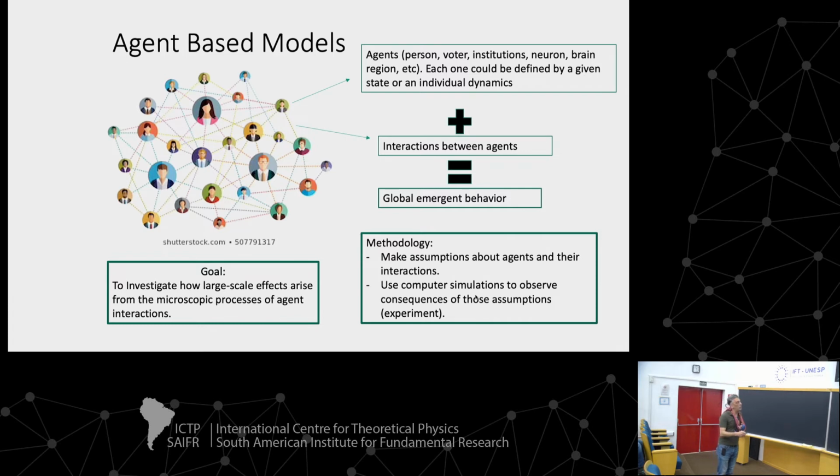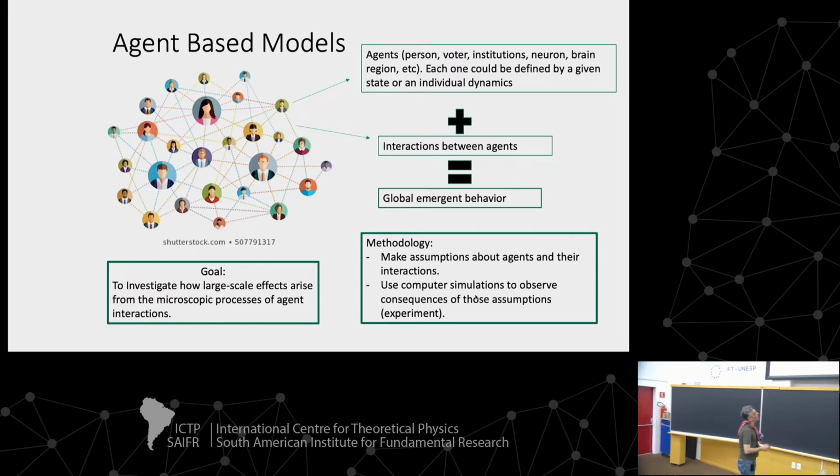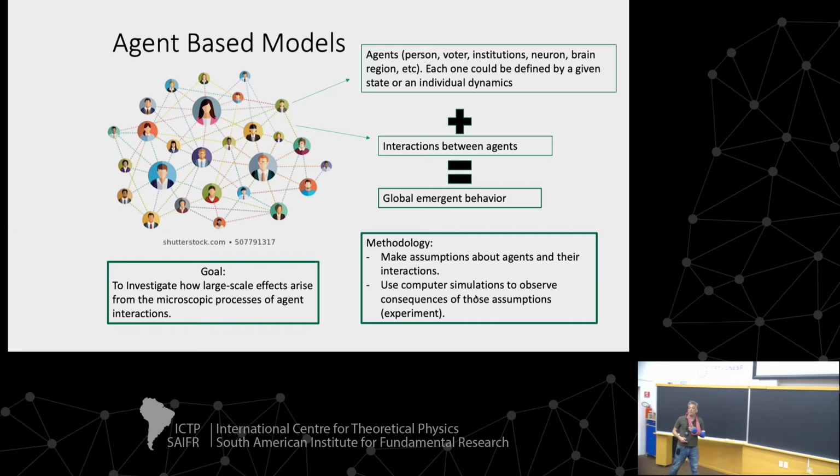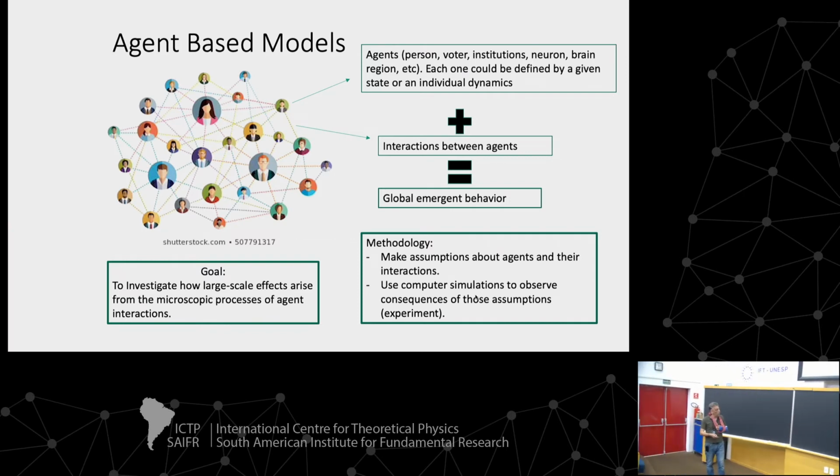We are going to add interaction between or among agents, and we are going to study global emergent behavior. Our typical approach is to make assumptions about how they interact and try to study which is the emergent behavior that is a consequence of the interaction we propose.